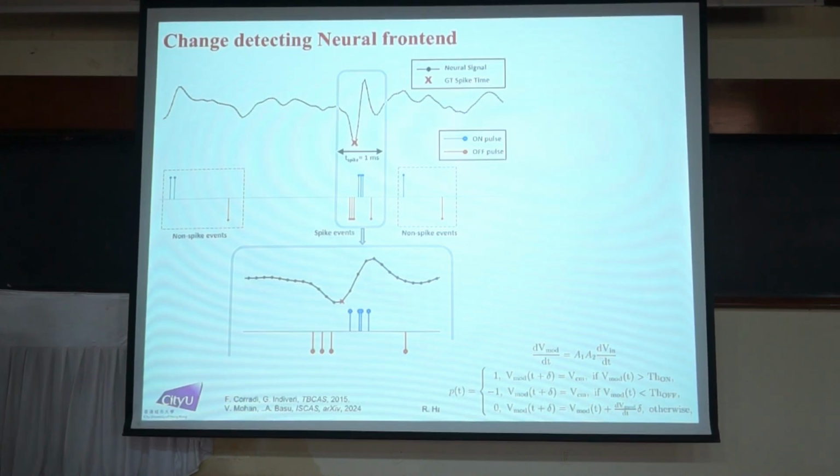Generally what happens is you will have, on the same probe, different shaped neural spikes, and that is basically what you sort out into different units. So potentially, even looking at this sequence of on and off pulses, you could recreate your spike shape to whatever accuracy you want. Whether that will be good enough to get spike sorting accuracy the same as the raw signal depends on your delta step.